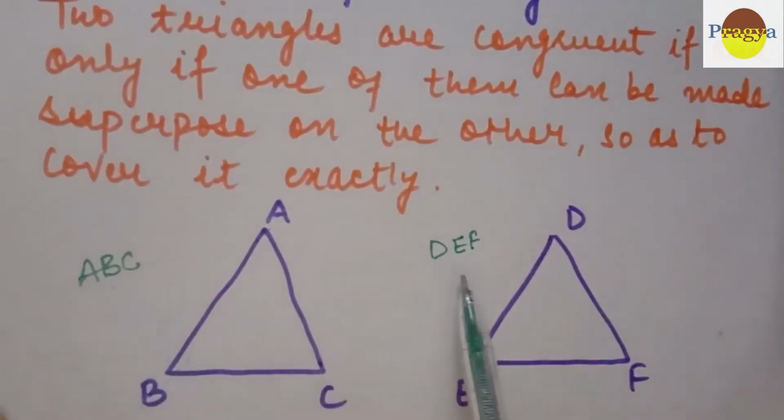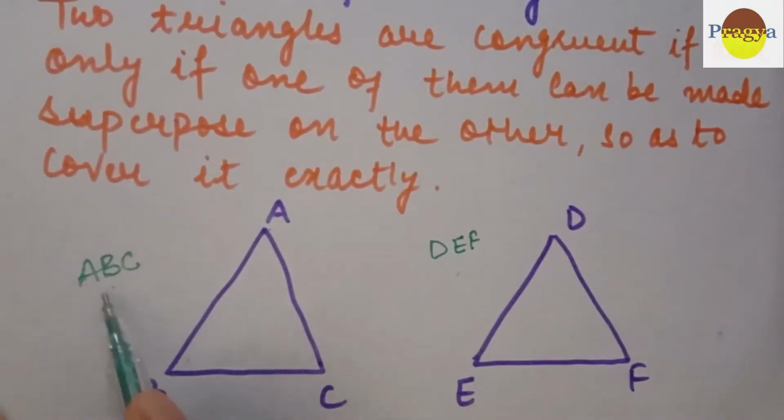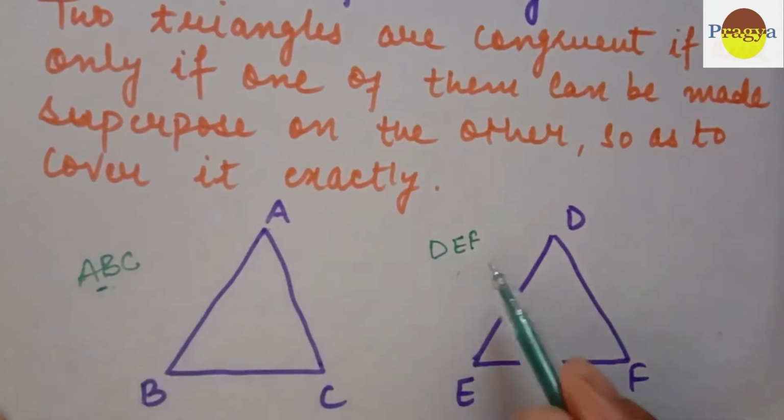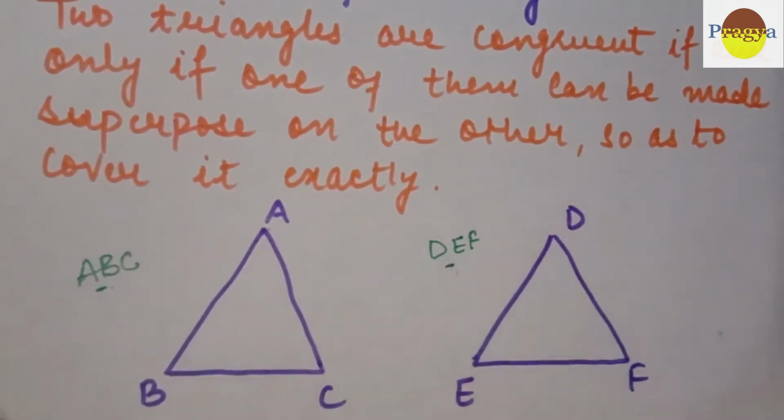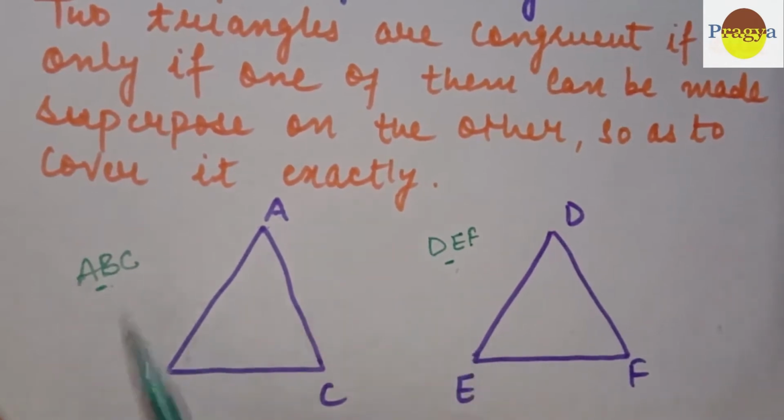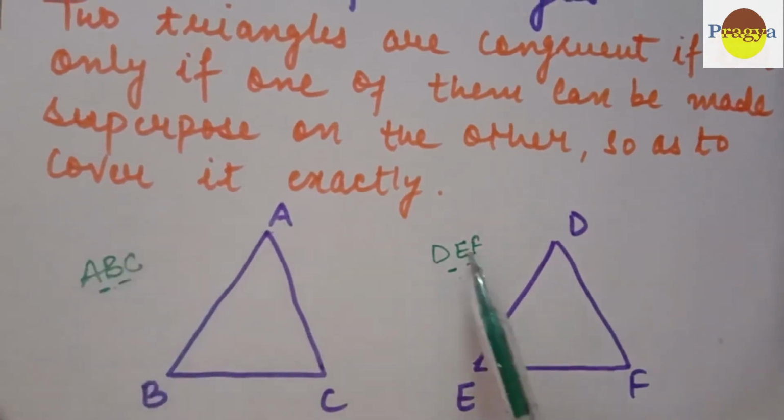Triangle ABC and triangle DEF: the first side of this triangle is AB and the first side of the second triangle is DE. So AB should be equal to DE for the congruency. The second side is BC and here we have EF, so BC is equal to EF. The third side is AC and here we have DF, so AC should be equal to DF.